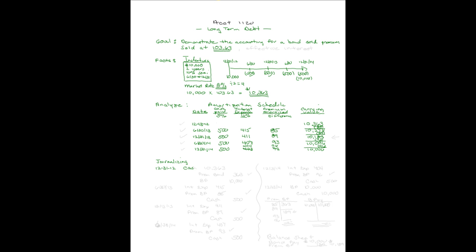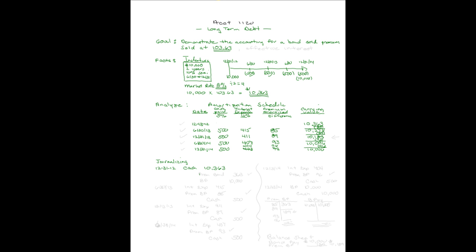I'll get cash in the amount of $10,363 because I'm selling it at a premium. And the $363 will be used to offset interest in the future. Debit cash for $10,363.